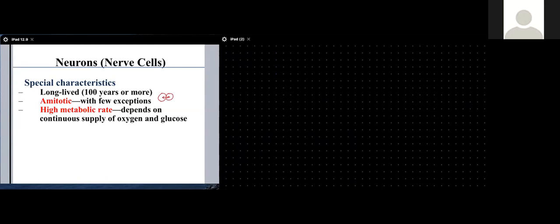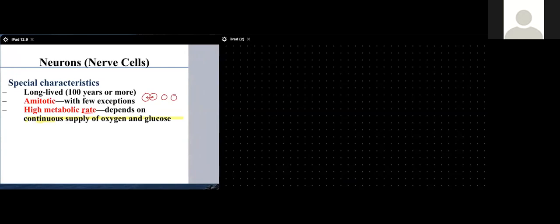So there are no nerve cells that can divide to form two identical copies of their own. They have a very high metabolic rate, and this explains why they need a continuous supply of oxygen and glucose.